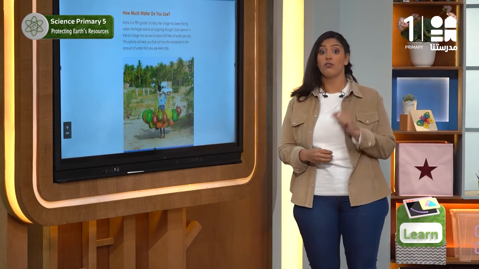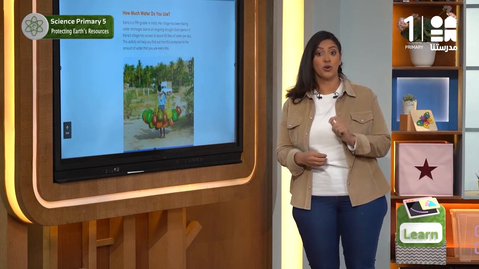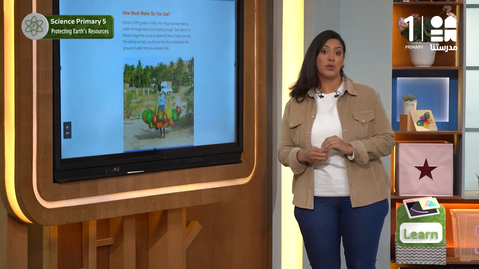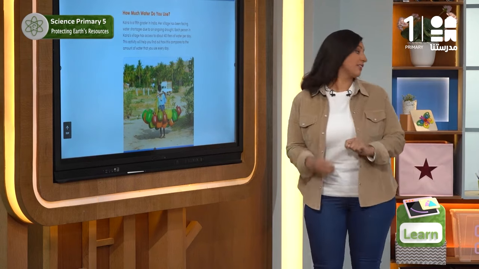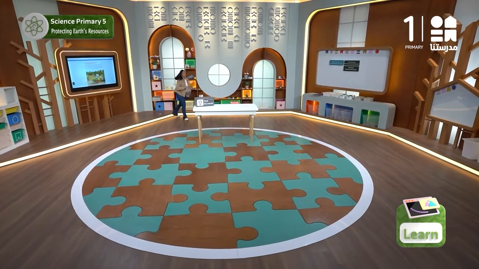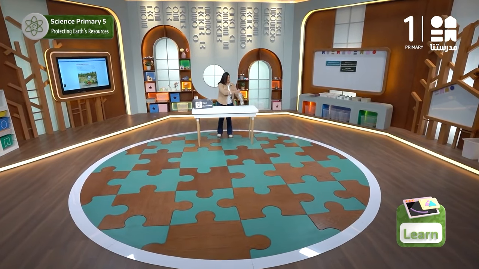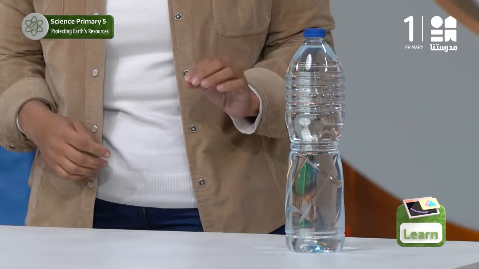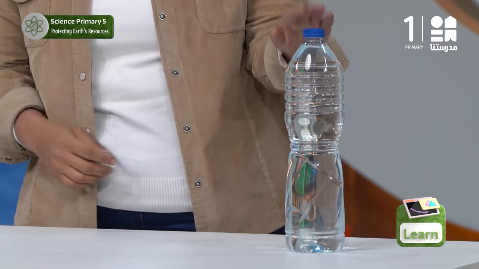To closely think of how much these 40 liters are exactly, I'm going to show you now 1 liter. This water bottle here contains 1 liter. 40 liters equals 40 bottles of these. And this is the amount of water for every person per day in the girl's village.